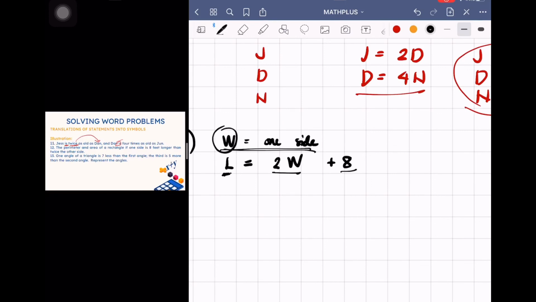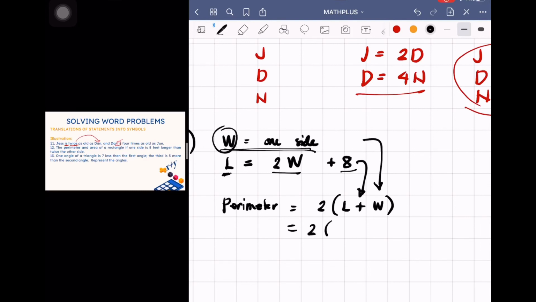Okay? Ang sabi dito is, how are we going to represent the perimeter? Of course, to be able to represent the perimeter, you must know ano ba yung formula when solving for the perimeter of a rectangle. For a rectangle, that's twice the sum of the length and the width. So, what you're going to do is just substitute these dito, diba? That's 2 times what's length? Length is equivalent to 2W plus 8.